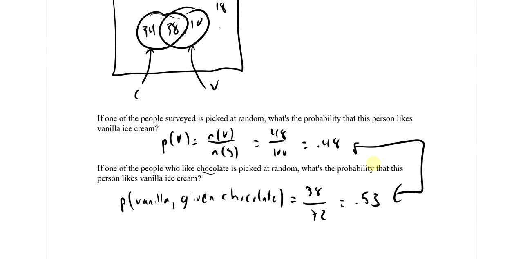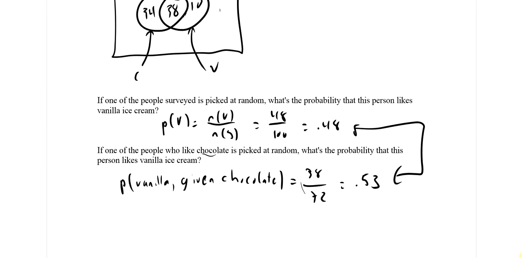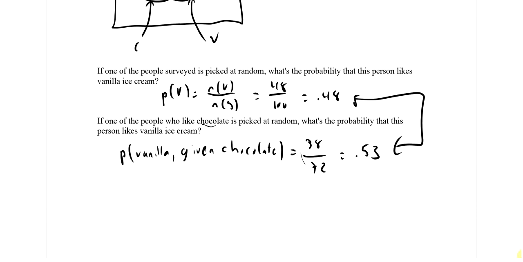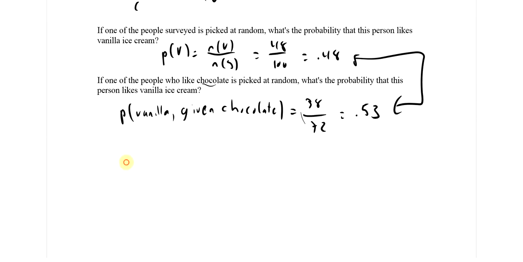So what is going on with these two numbers? This is looking at all the people in the survey. 48% of them like vanilla. This is just looking at the people who like chocolate. 53% of them like vanilla. What can you say then about the fact that the probability changed, that it went up?